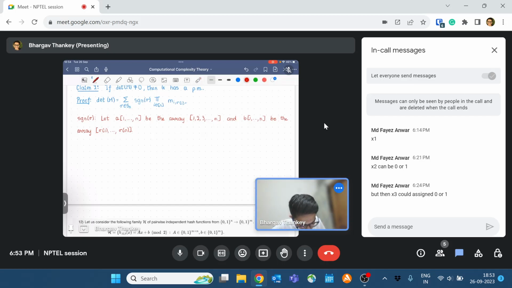So this is how we want to move from A to B. We are just going to swap two elements at a time.